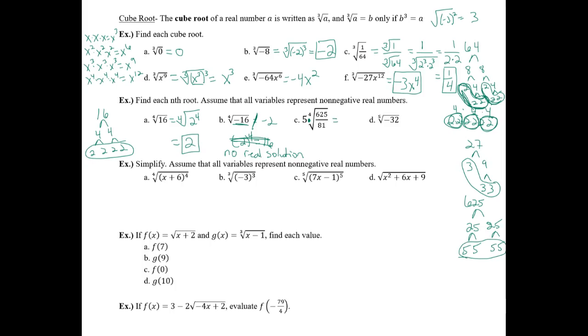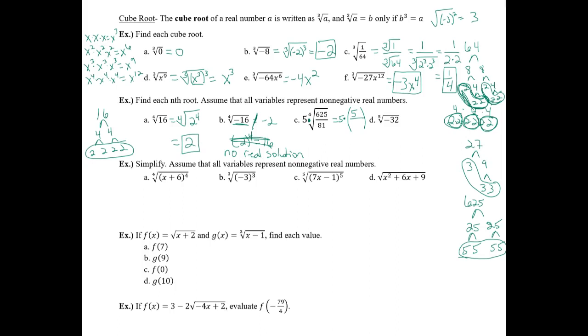So what times itself 4 times would give you 625? 5. Now I'm going to put this in parentheses here because we still have that 5 being multiplied on the outside. The fourth root of the denominator: what times itself 4 times would give me 81?